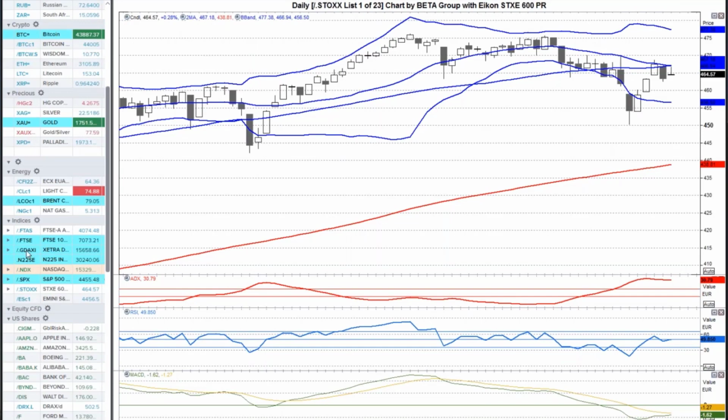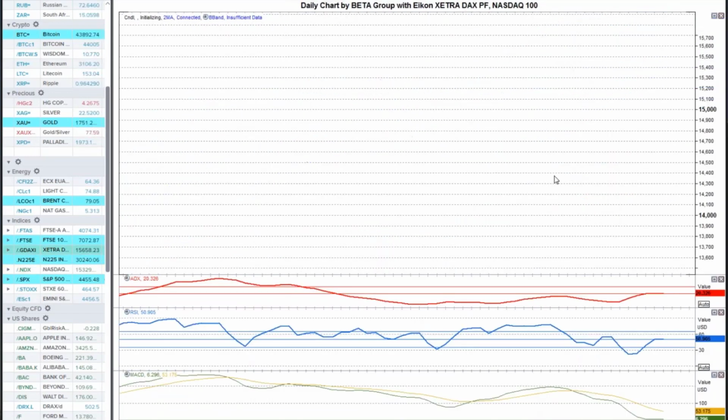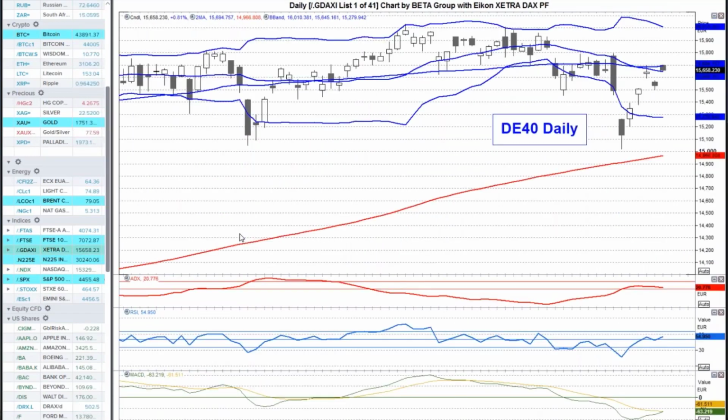Now the Germany 40, the DE40 index, gapped down when it expanded the index, found support again with its July low as well at 15,100, and bounced quite well from it. A lot of resistance up in here. It's going to find it hard to make further progress here, so I think it's a struggler also.